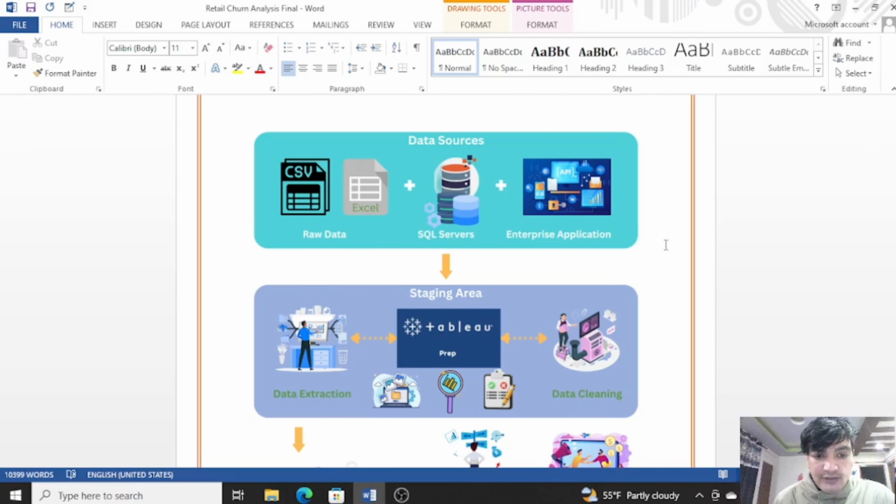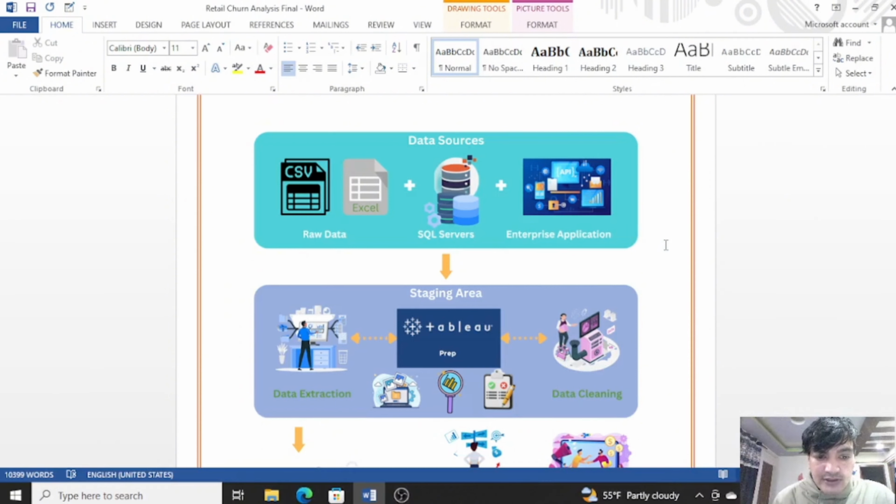In the staging area, there are two tools, one is Tableau and another is Tableau Prep. For cleaning and extracting the data, developer builders have been used or can be used, which performs the two-step main measure of importing, which is data cleaning and extracting.